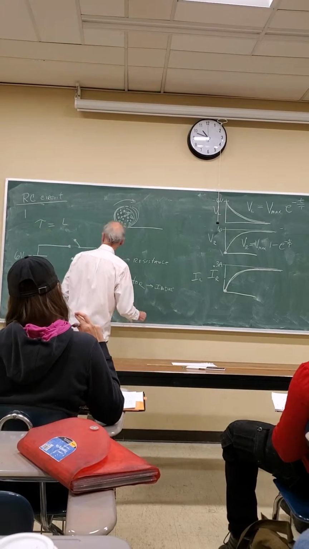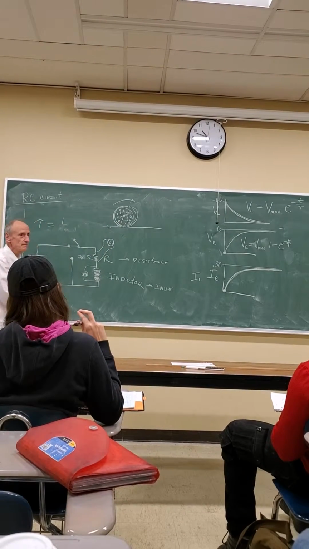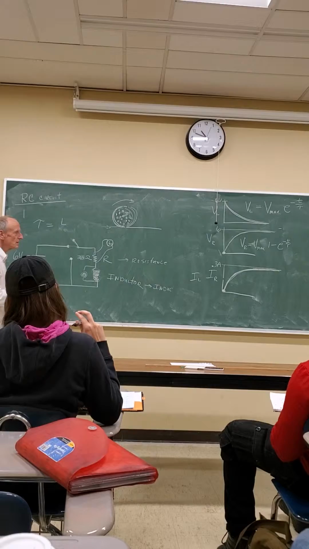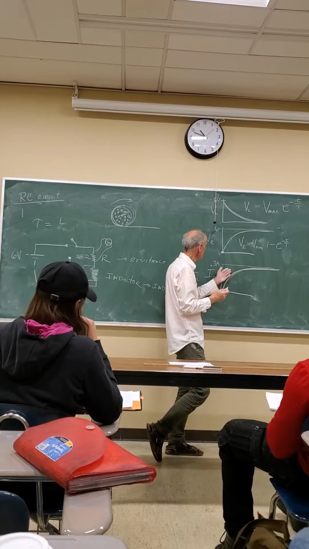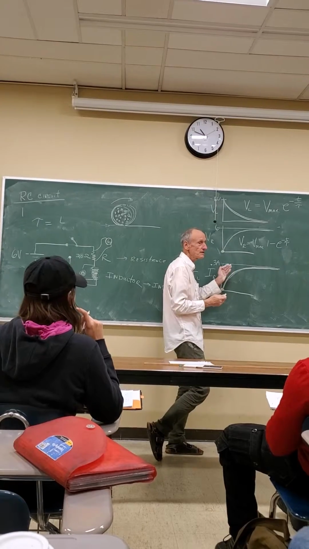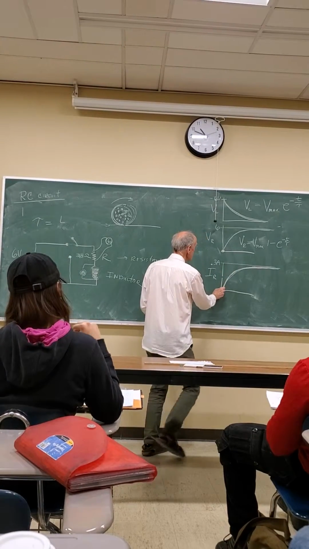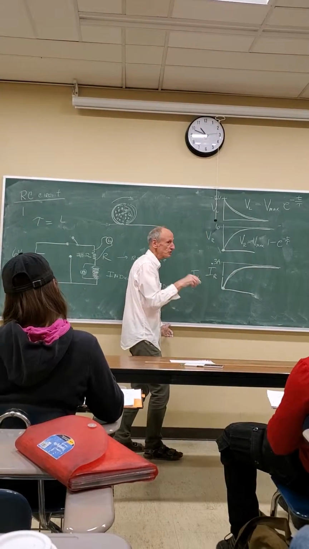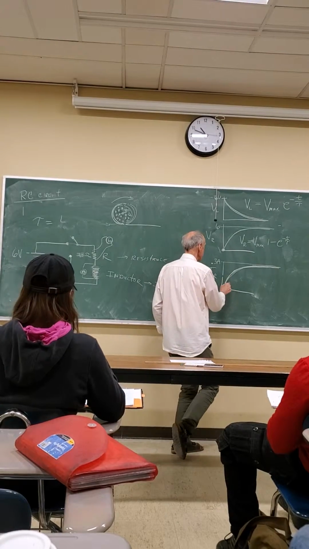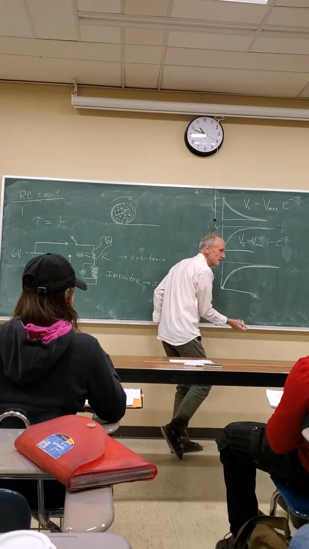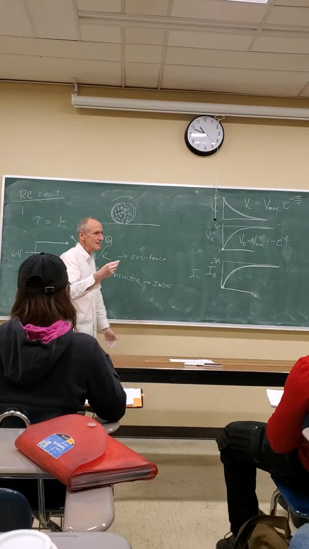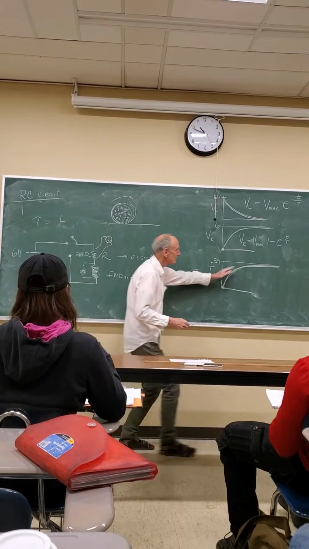It's like you're filling a smaller capacitor. Going from 0 to 3 amps is going to take longer than getting from 0 to 0.3 amps. So increasing the resistance shortens the time it takes to get to the final state.